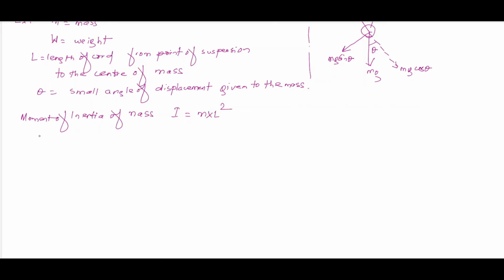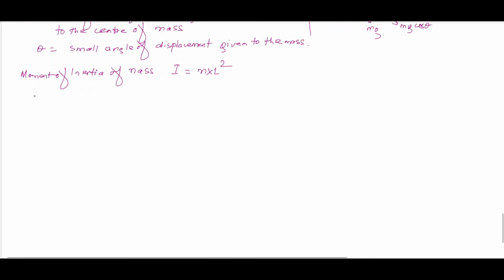Now the couple tending to restore the mass, or you can say the restoring couple acting on the mass, let's say it is denoted by T, will be equal to W into L sin theta.